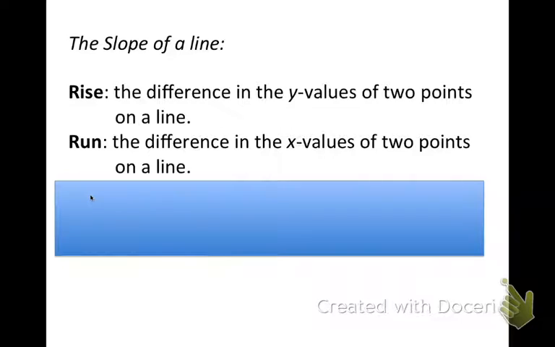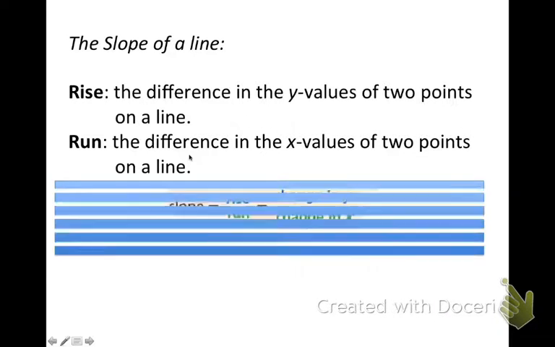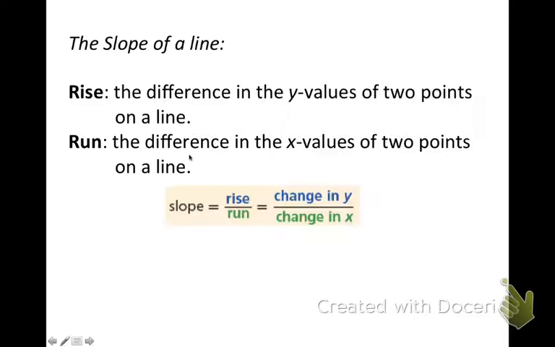So rate of change usually deals with some type of word problems. If we're talking about a line, specifically a linear equation, which is the same thing as a line, we're talking about the slope, and your slope is rise over run. Change in y, change in x. It means the same exact thing, it's just a different lingo.